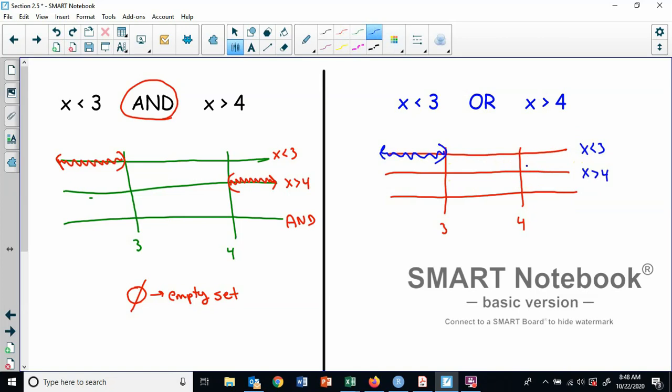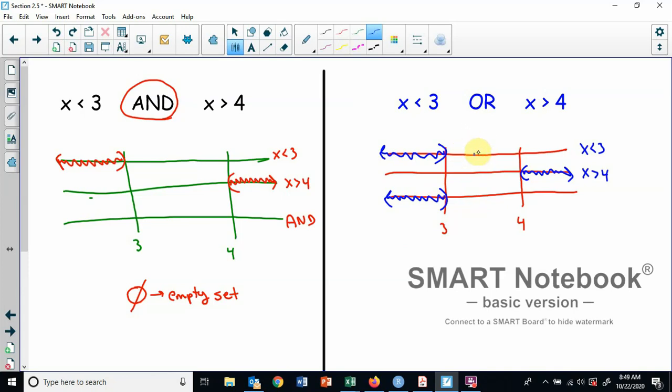So go to 4, parenthesis, greater than. So now what OR means is anywhere that I have shading, you are allowed. So look over here. To the left of 3, I have shading. So that is in my answer. Do I have any shading in the middle besides that stray mark that I just randomly added?